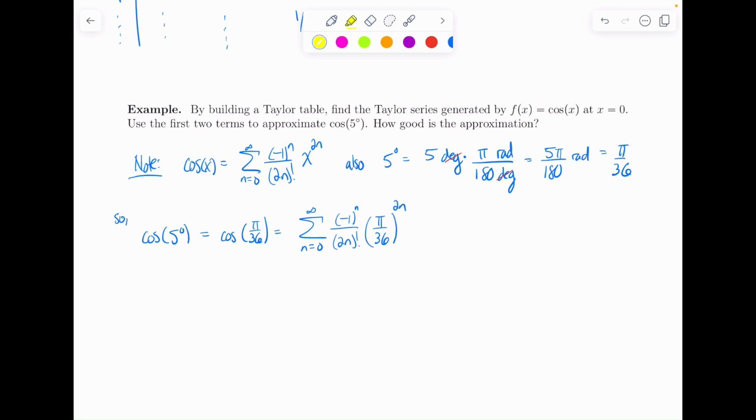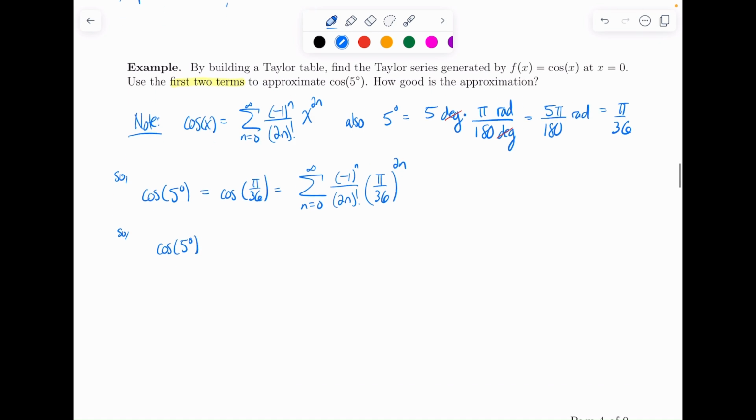I want to do all this using the first two terms, so that means that if I want to find an approximation of cosine 5 degrees, this is approximately the first two terms of this series. And if I plug in n equals 0, n equals 1, and I write those out, I'll end up getting 1 minus 1/2 times pi over 36 squared. Again, this is n equals 0, this is n equals 1, so we have two terms.